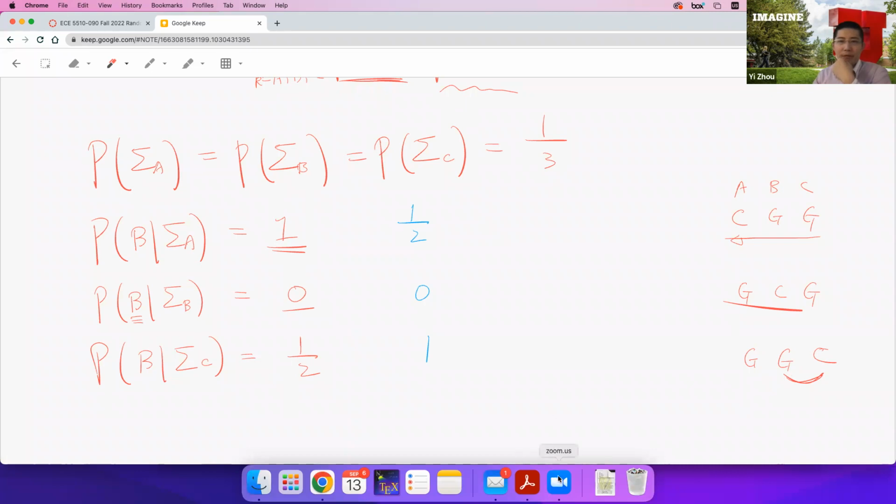Let's see the comment. I'm trying to figure out if the lecture notes are incorrect or I'm thinking the incorrect way. So now these two have a car and a goat, so you have a 50% chance to pick door B.